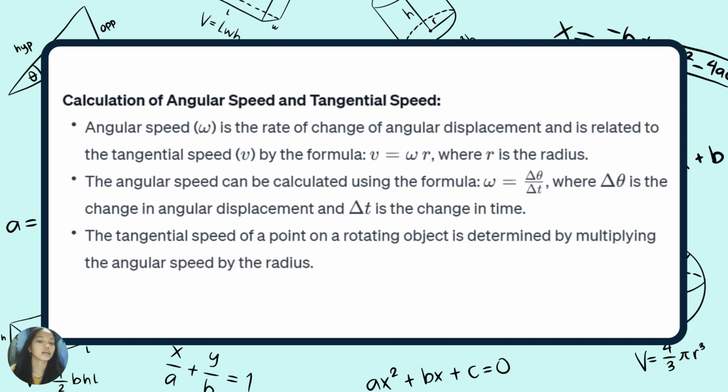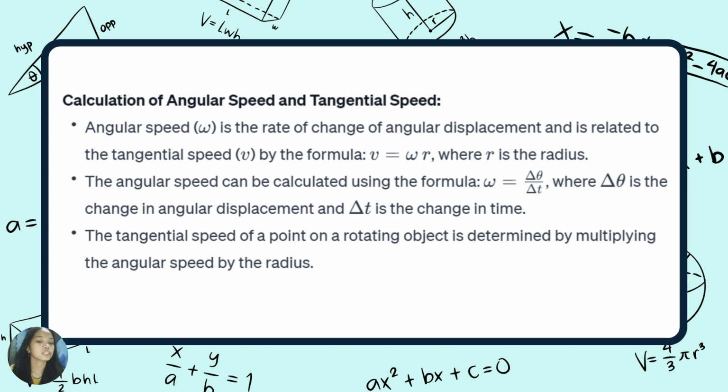Next is the calculation of angular speed and tangential speed. Angular speed, or omega, is the rate of change of angular displacement, and it is related to the tangential speed, v, by the formula: tangential speed equals angular speed times r, where r is the radius.